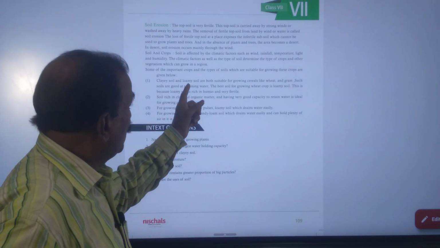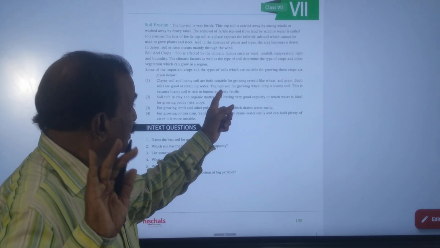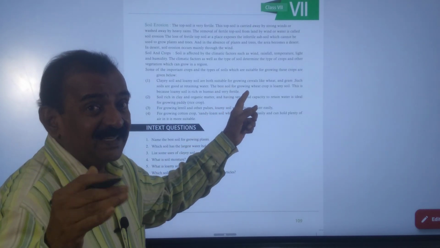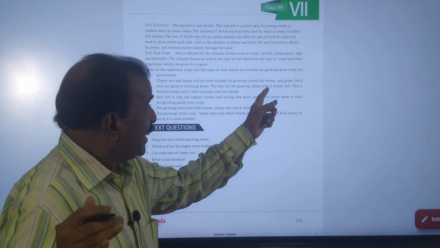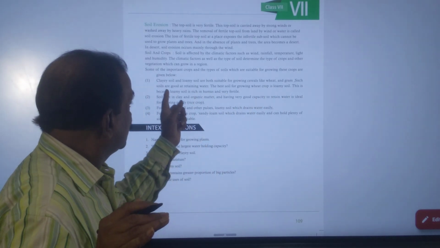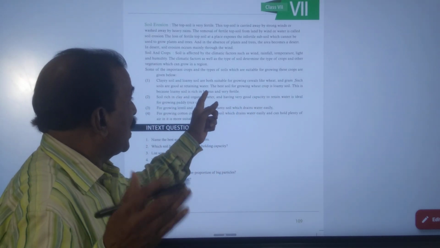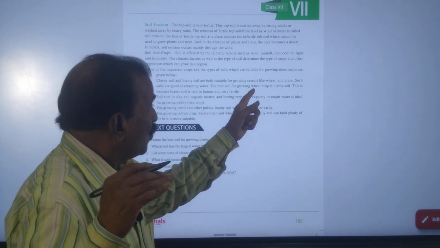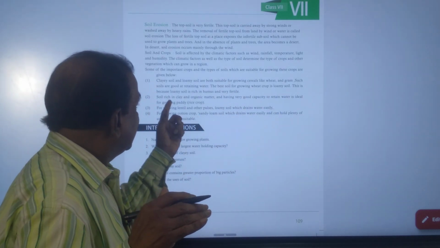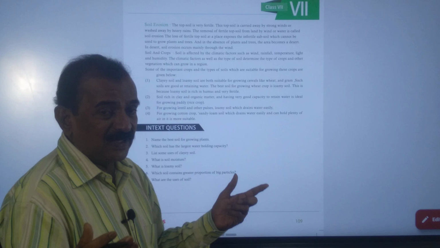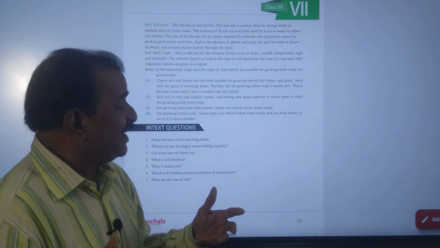Clay soil and loamy soils are both suitable for growing cereals like wheat and gram. Such soils are good for retaining water. The best soil for growing wheat crop is loamy soil. This is because loamy soil is rich with humus and very fertile.